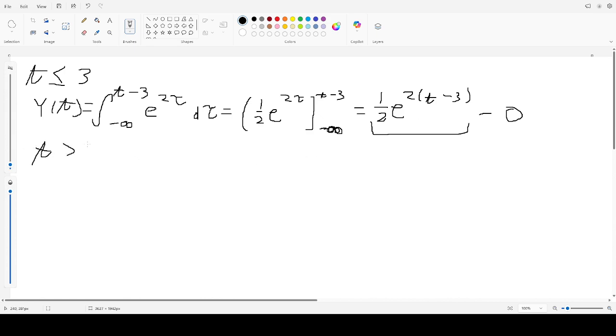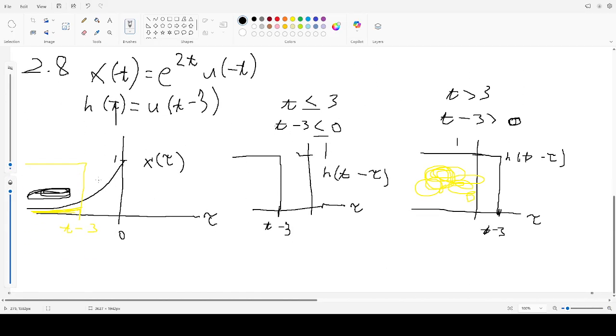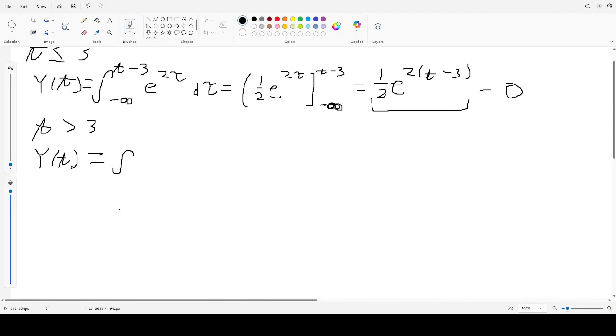Now for t greater than 3, just different bounds on our integral. Now we have all of x, so from negative infinity all the way up to 0, which is going to end up being an even simpler equation.